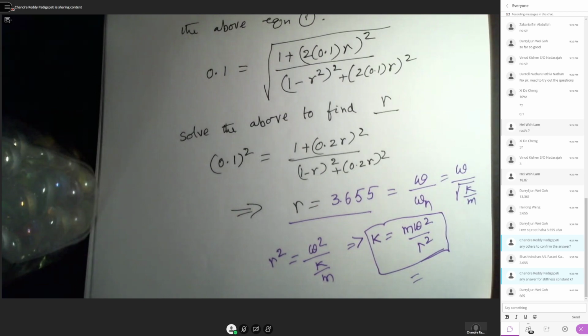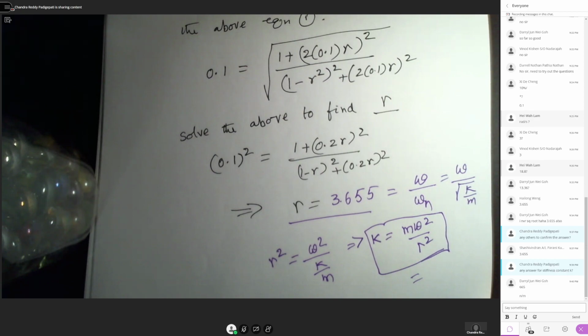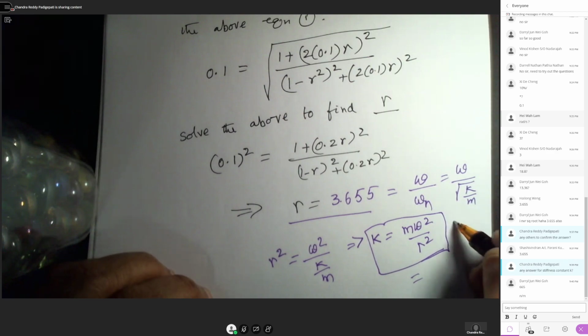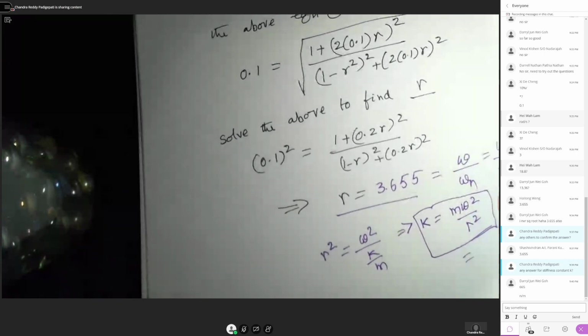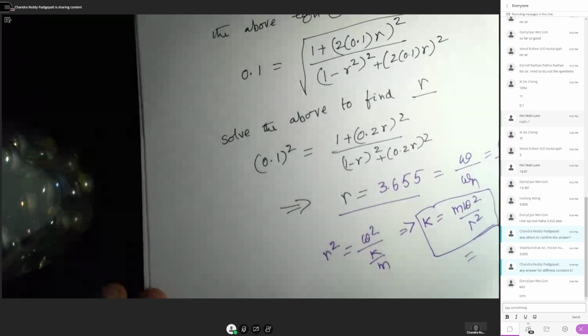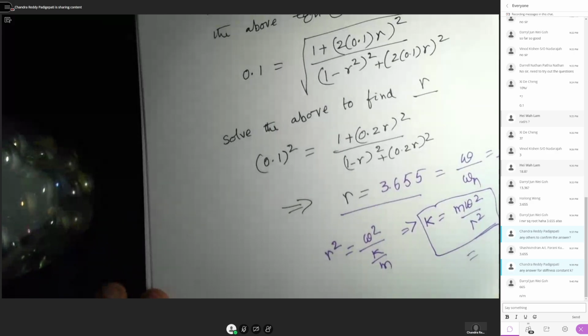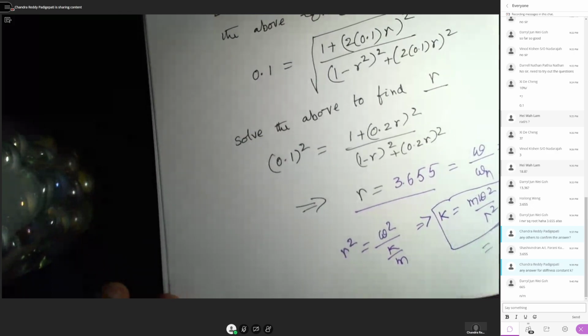So what are the units? Yeah, that's correct. So you will be getting about 665 newtons per meter. Okay, so we need to calculate then the damping constant.